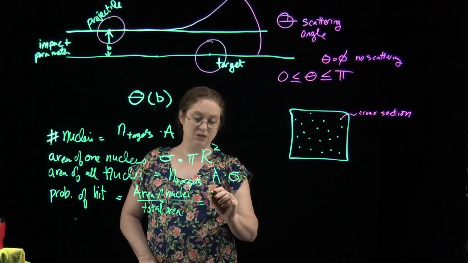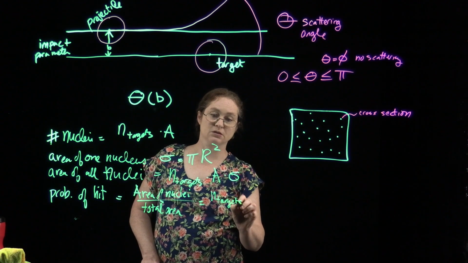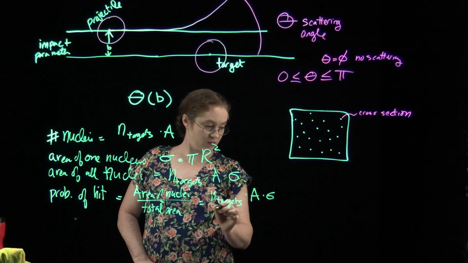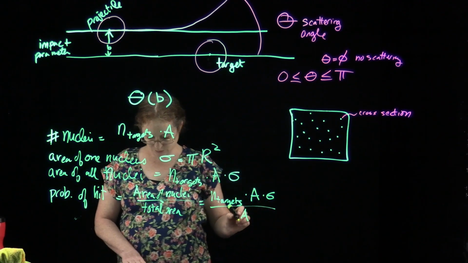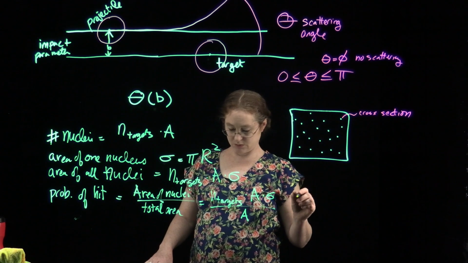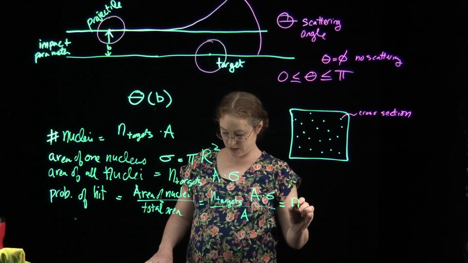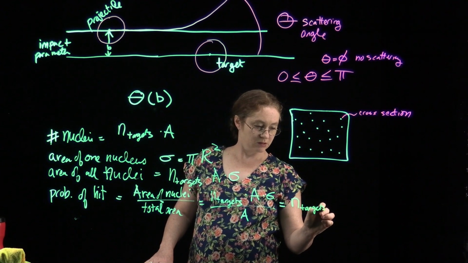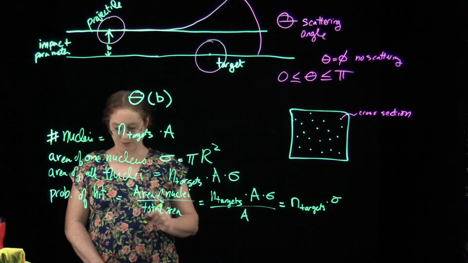And that's going to be n targets times A times sigma divided by A. Or the number density of targets times the cross-sectional area of one target.